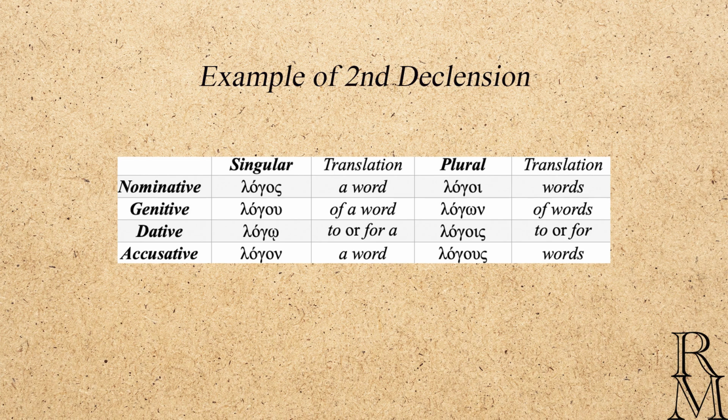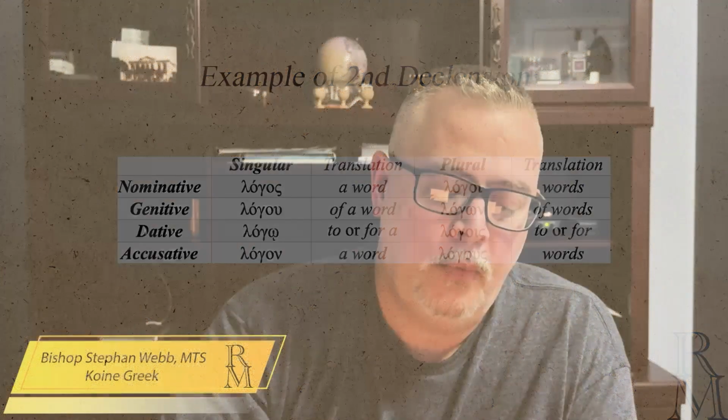Logo is your dative singular, which would simply be to or for a word. Your accusative is logon, which is again simply a word. Your plural would be logoi, words; logon, of words; logois, to or for words; and logous, simply words.